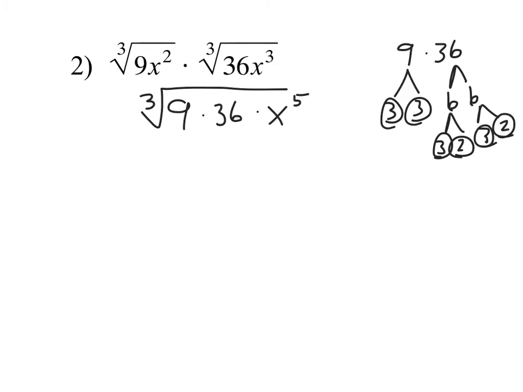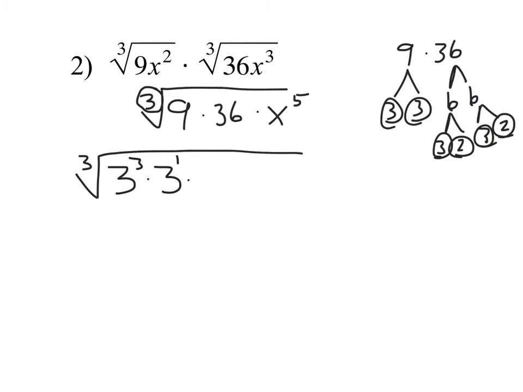Now again, key here is this time I want powers of 3. So I have, as I'm counting over here, 1, 2, 3, 4 threes. I don't want 3 to the 4th. I'm going to write this as 3 to the 3rd times 3 to the 1st.